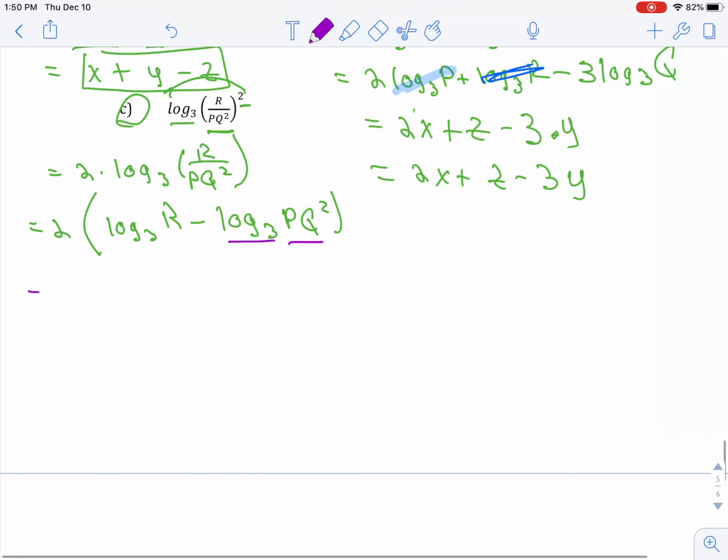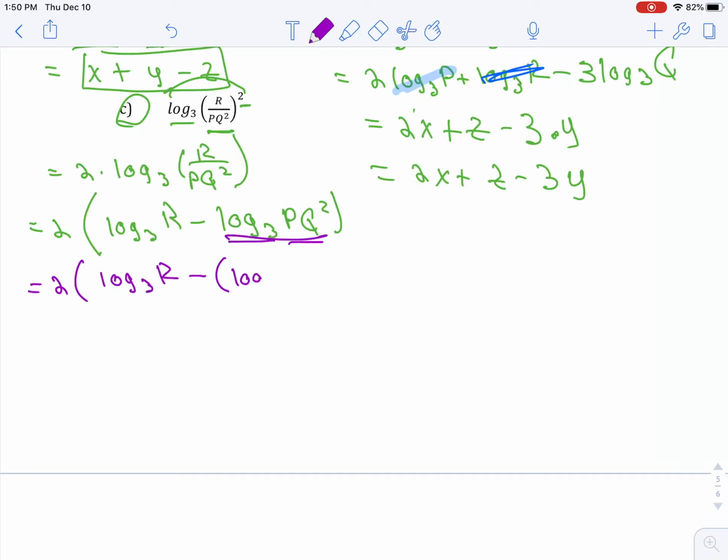Now this is where I have to be careful because I've got 2 times the log base 3 of r, and then this technically is going to turn into a sum, but I have the minus in front, so it's minus, and I need parentheses again. It's going to be the log base 3 of p plus the log base 3 of q squared. So this came from this, and it's minus the quantity because of the minus sign here.